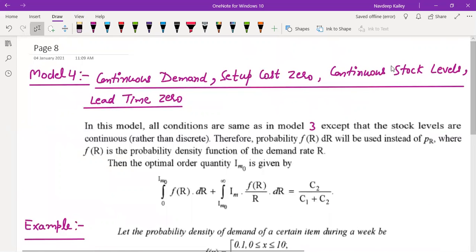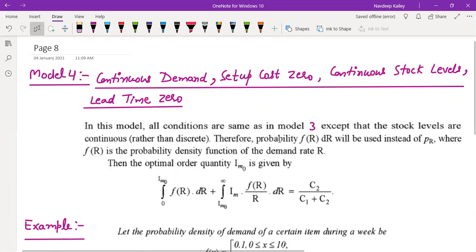In this model, all conditions are the same as in model 3, except that the stock levels are continuous.